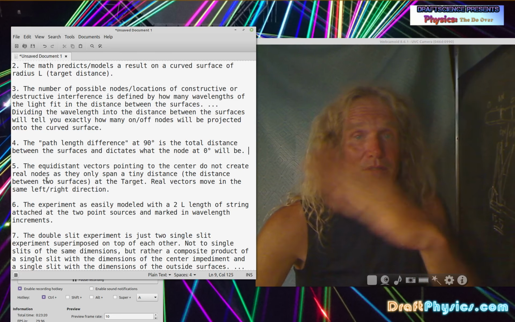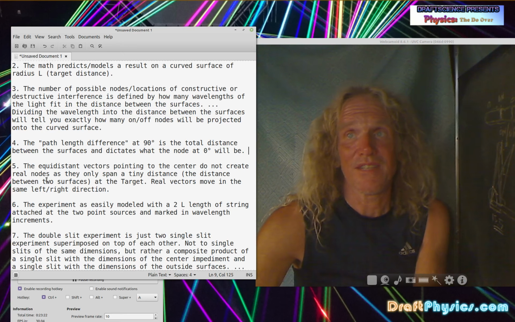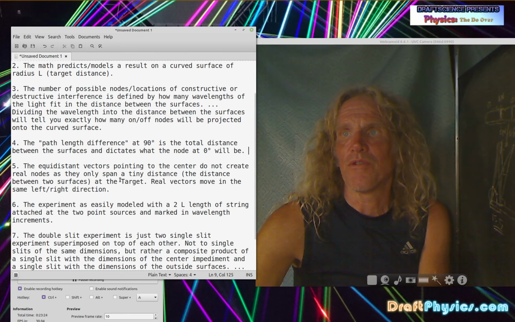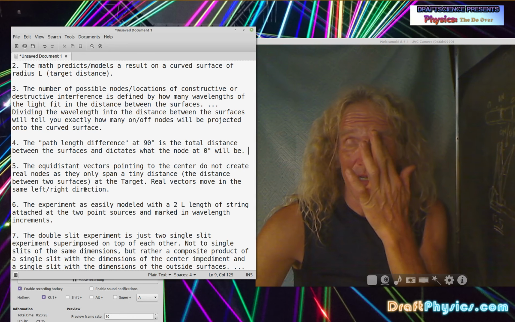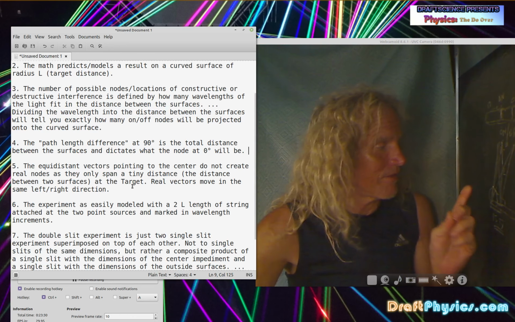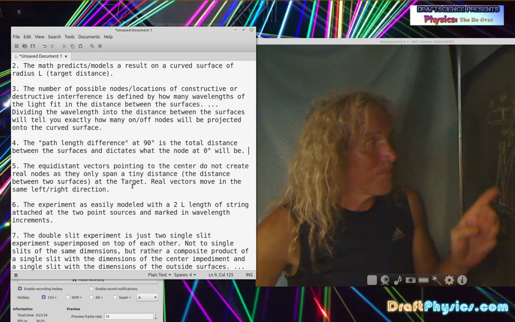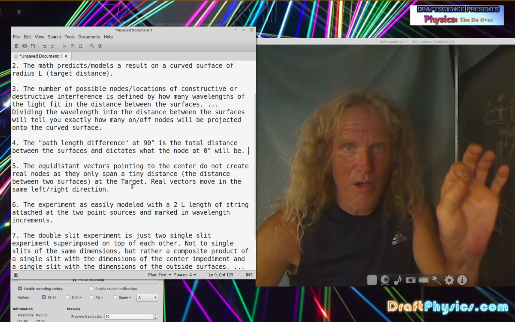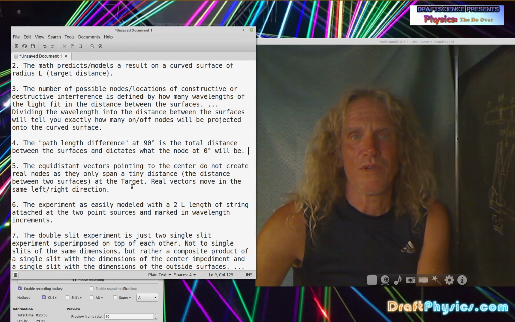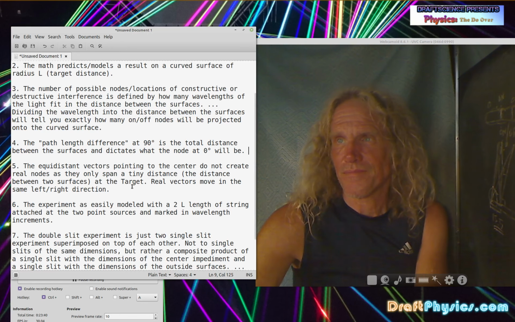As they only span a tiny distance, the distance between the two surfaces at the target, they don't even span the distance of the two point sources. They're really smaller than that. It's something smaller than in between the two sources.